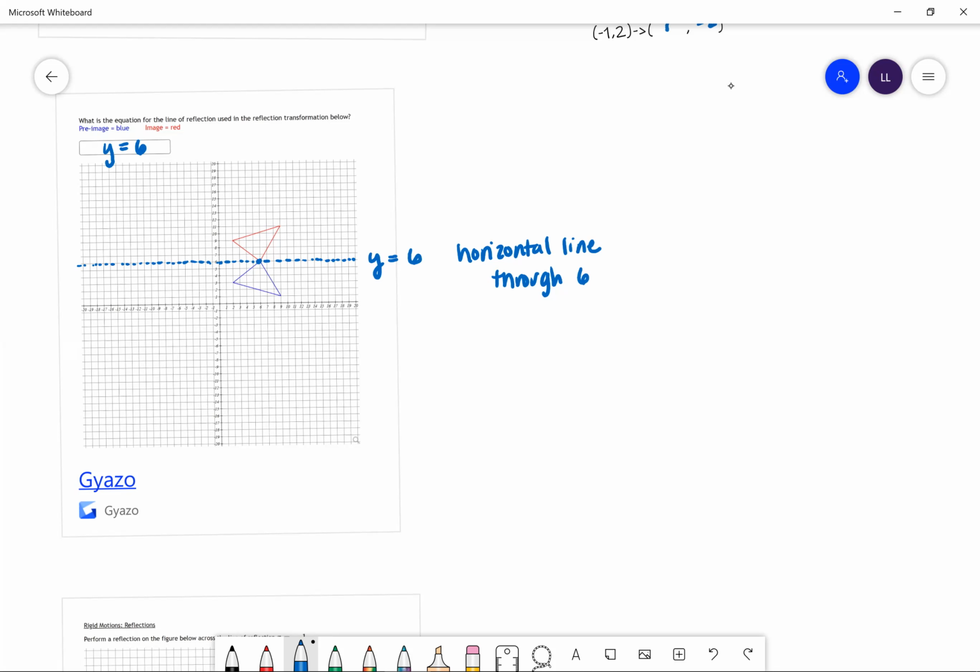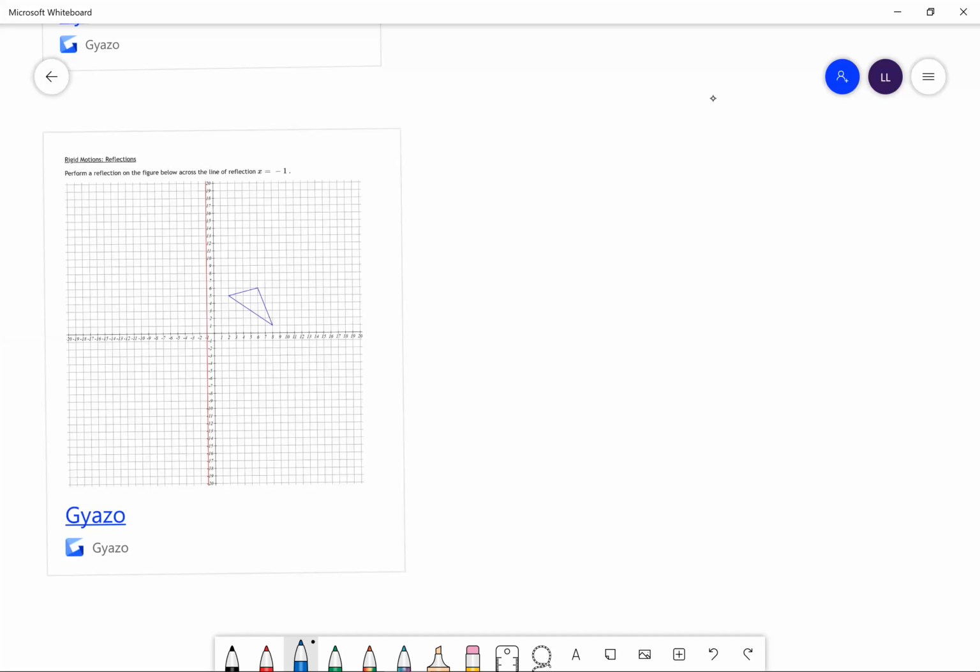All right, let's look at the last example. Hey, so this is the last one. We have a vertical line at x equals -1. Okay, so let's look at that real quick. So vertical line, and that means it's going through -1.